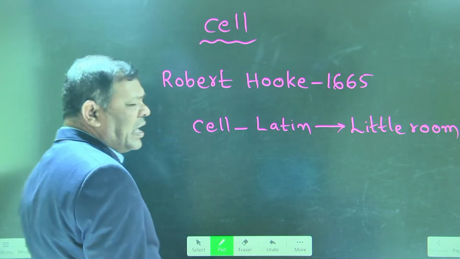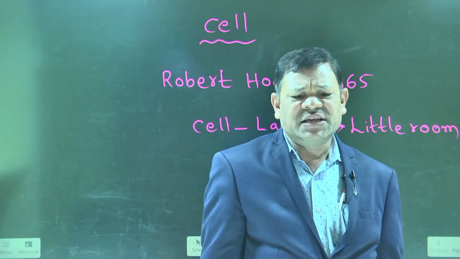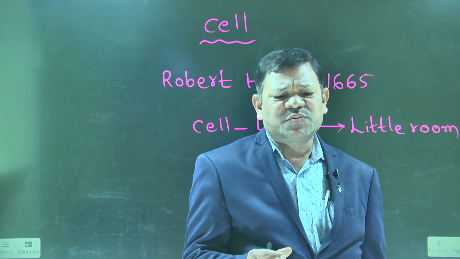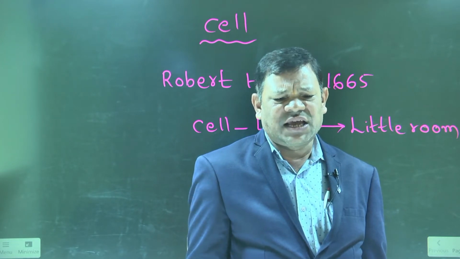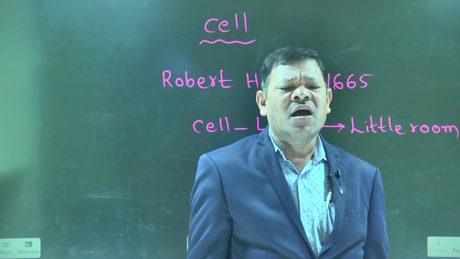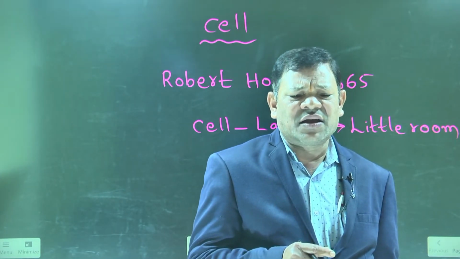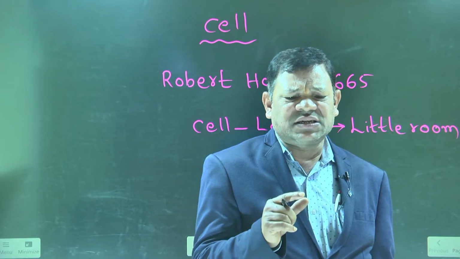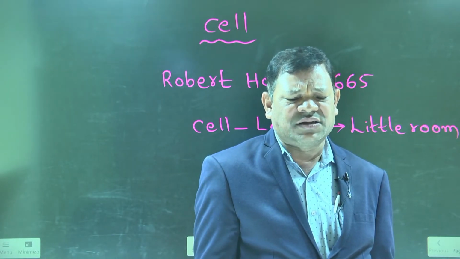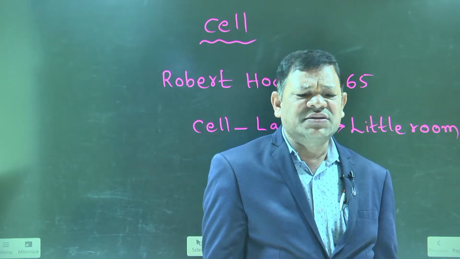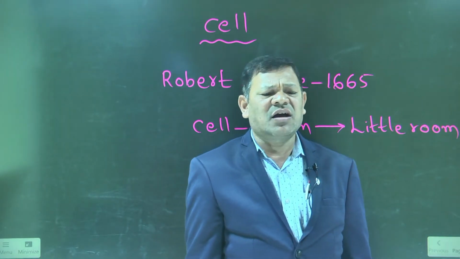So my point is, all the living organisms are made up of cells. Cell is the basic unit of the organism. Cell is the fundamental unit of the organism. Cell is the structural and functional unit of the organism. If there is no cell, there is no living organism.